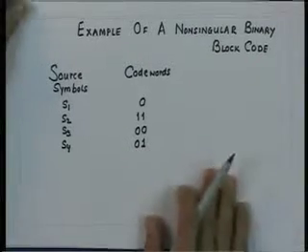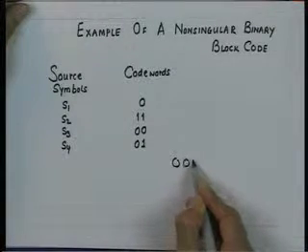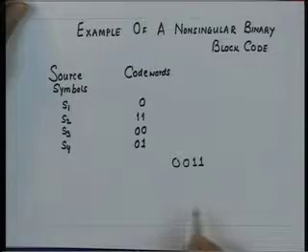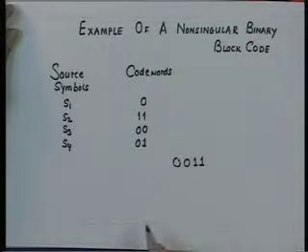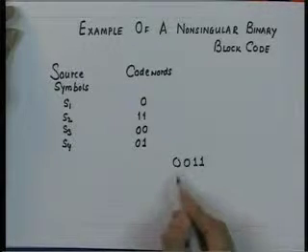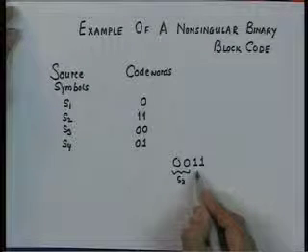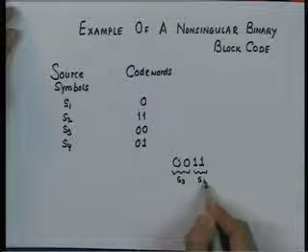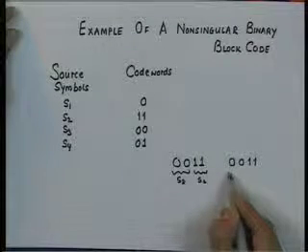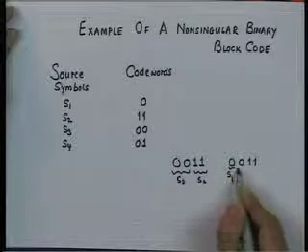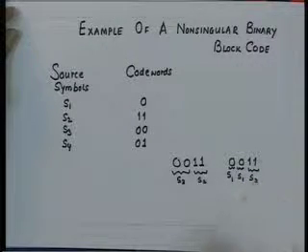Take a simple example. If I were to receive a sequence 0 0 1 1, then I can decode this sequence as S3, S2, or I could decode this sequence as S1 followed by S1 followed by S2.